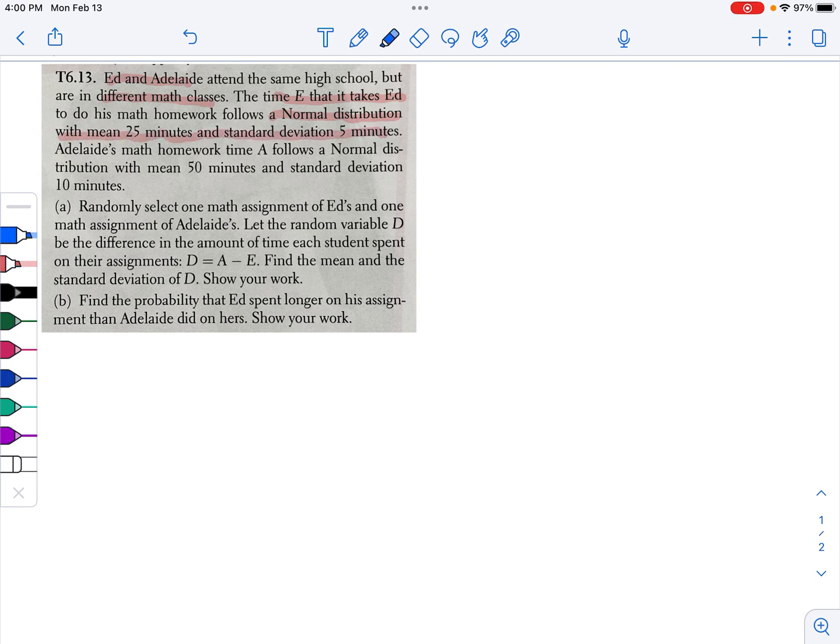And then we have Adele, and for her math homework she has a normal distribution with a mean of 50 minutes and a standard deviation of 10 minutes.